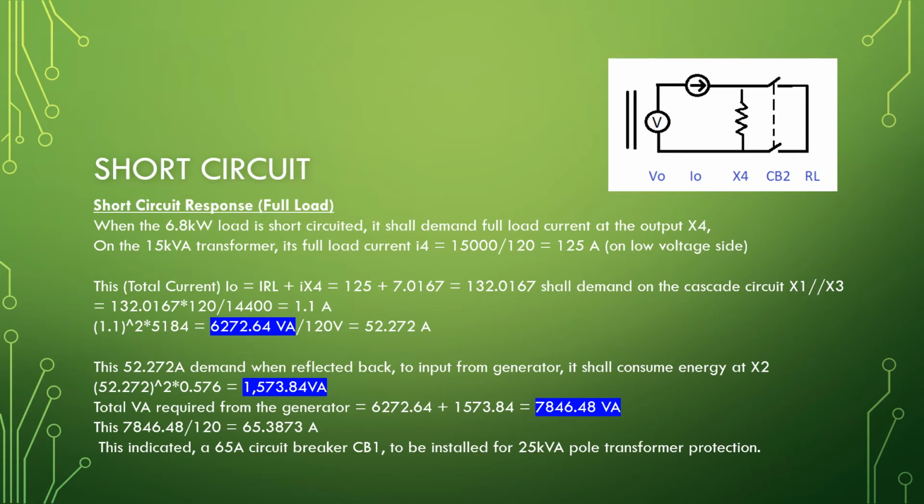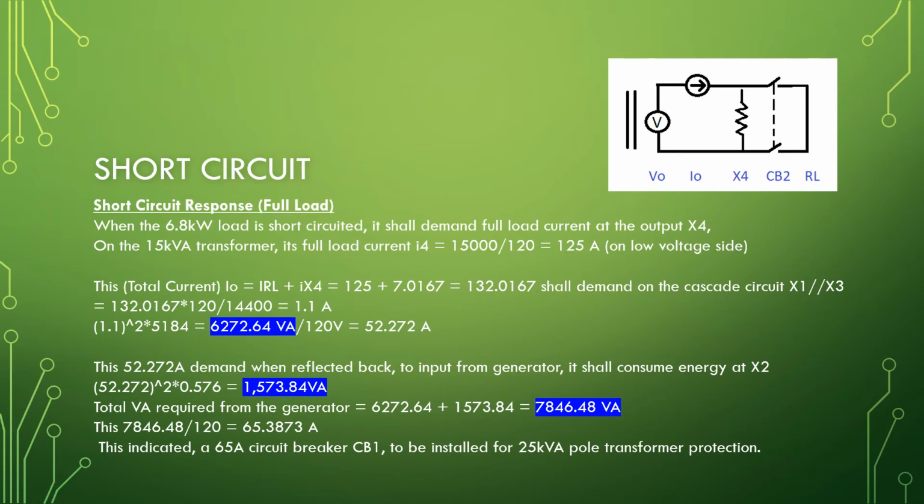This total current I0 equal to IRL plus IX4 equal to 125 plus 7.0167 equal to 132.0167 ampere shall demand on the cascade circuit X1 parallel X3 equal to 132.0167 times 120 divided by 14,400 equal to 1.1 ampere.